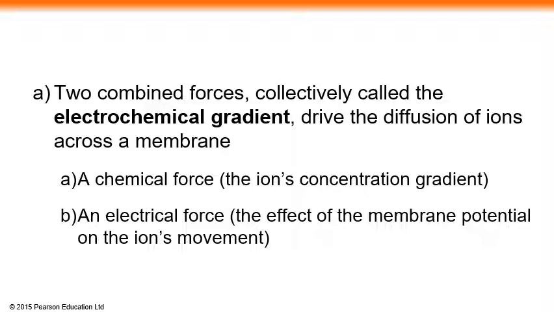That drives the diffusion of ions across a membrane. A chemical force is the ion concentration gradient, from higher concentration to low concentration for the diffusion. And the other one is an electrical force, the effect of the membrane potential on the ion's movement.